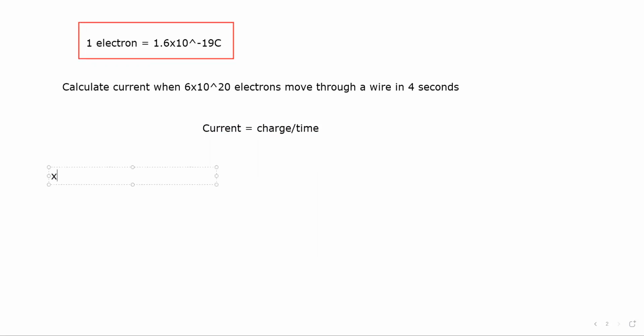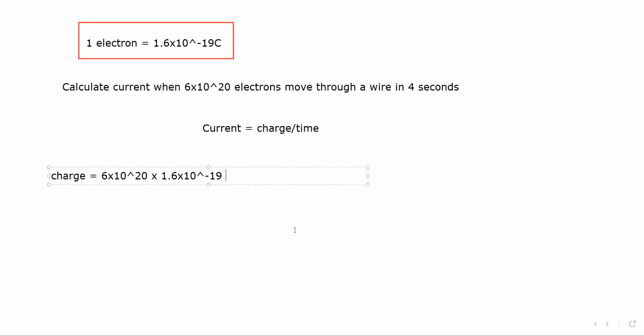The charge is equal to the number of electrons, which is 6 times 10 to the power 20, multiplied by the charge of 1 electron, 1.6 times 10 to the power minus 19.